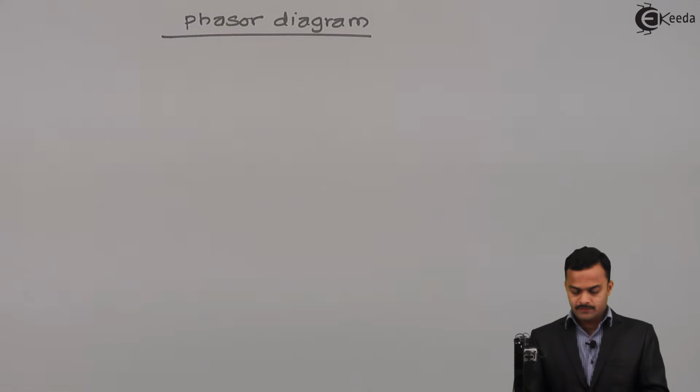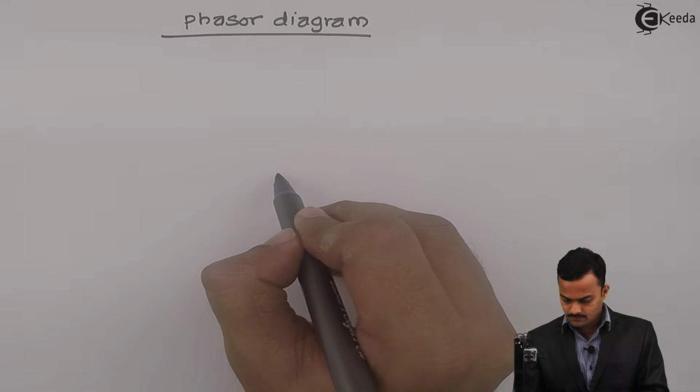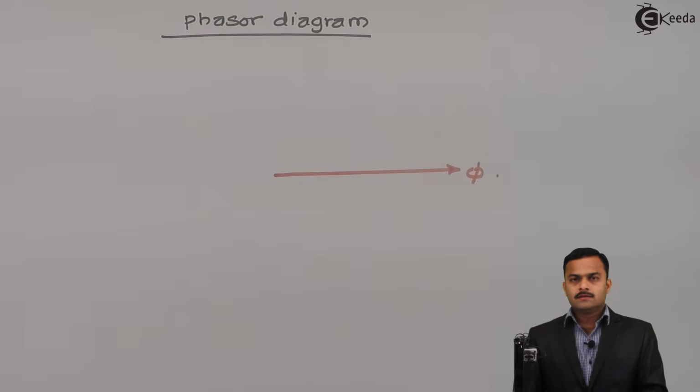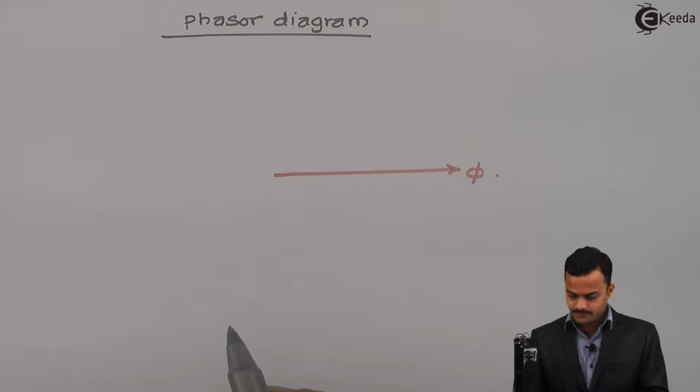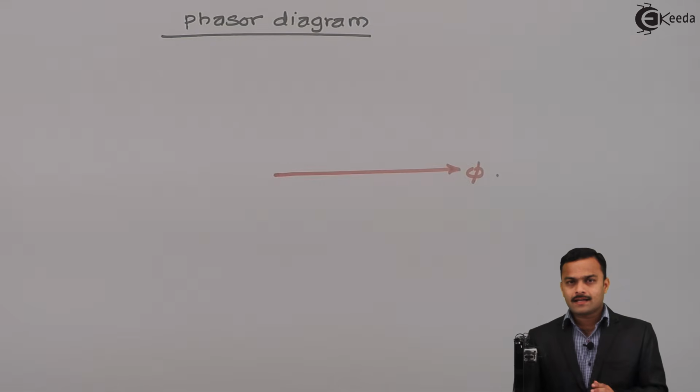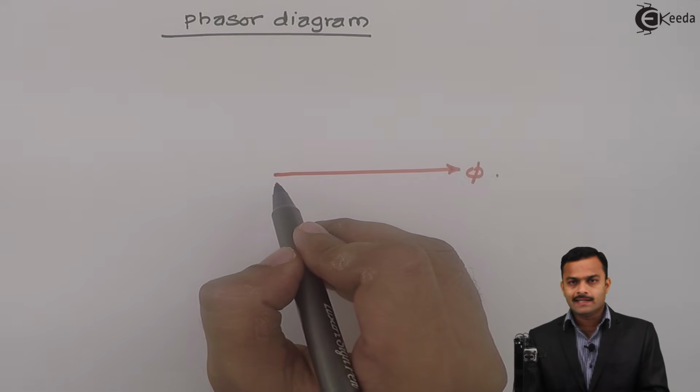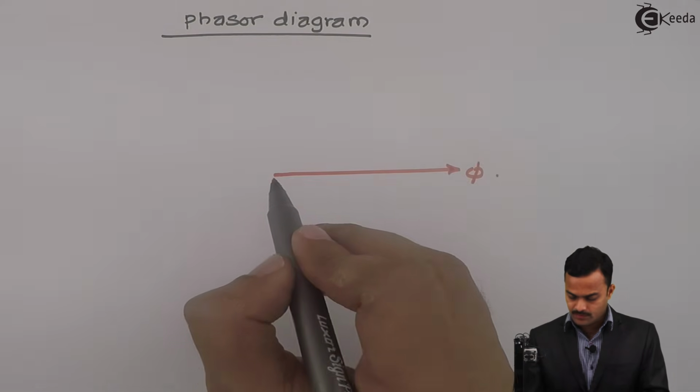So I will start with flux phi. This flux phi is responsible for production of E1 and E2, primary side and secondary side induced EMF, which will lag phi by 90 degrees, that we have seen already while deriving the EMF equation of a transformer.